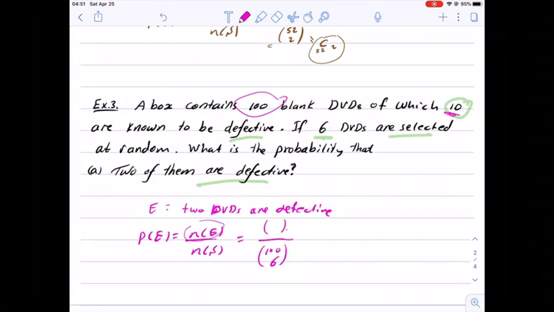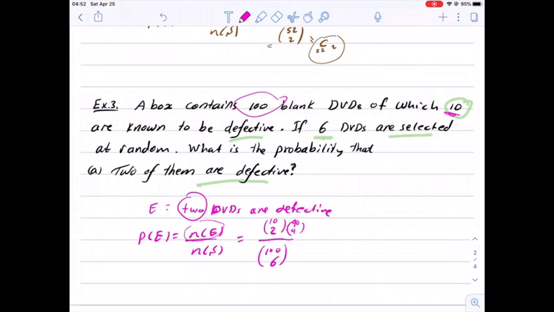And for the number of outcomes of the event, from the 10 defective, we have 2. We choose 2 DVDs, and the rest will be chosen from the 90 non-defective DVDs. And here I use the word "and", which means multiplication.